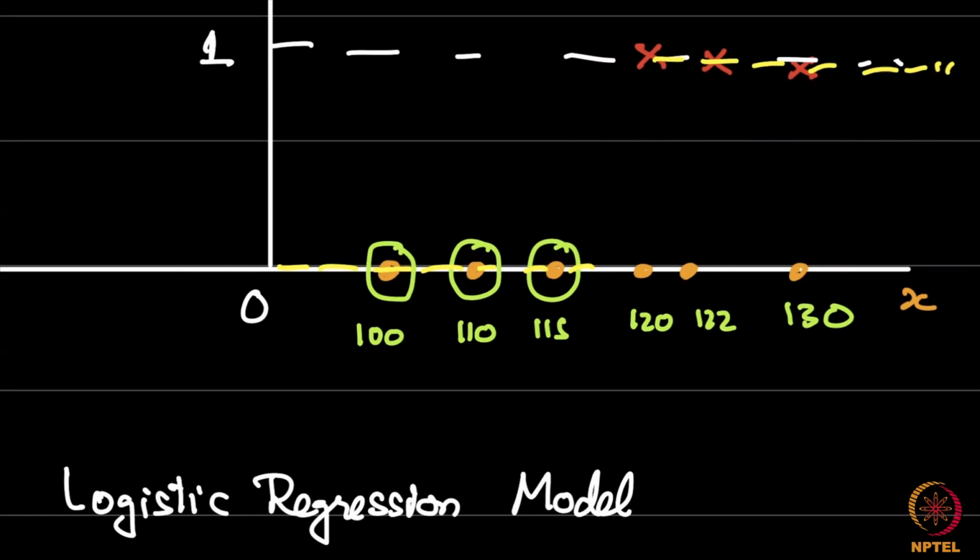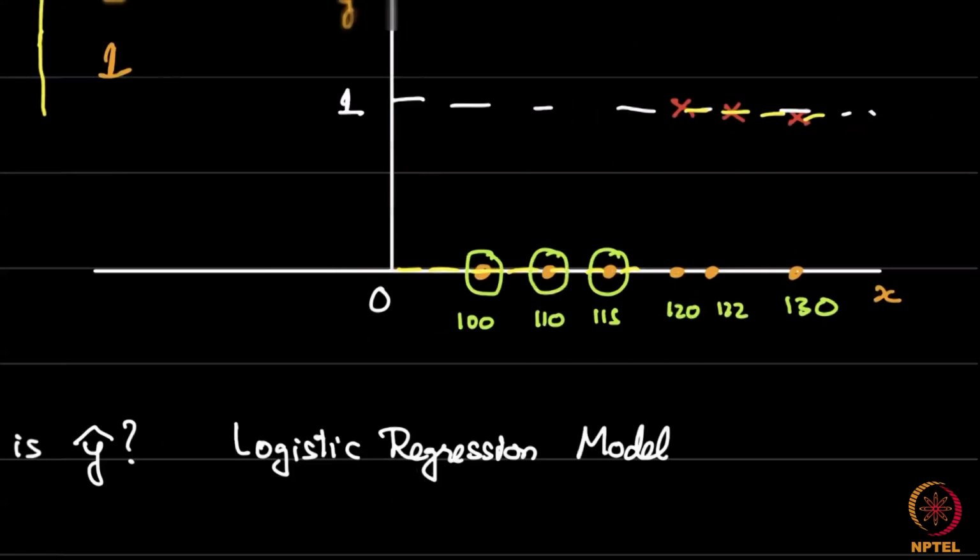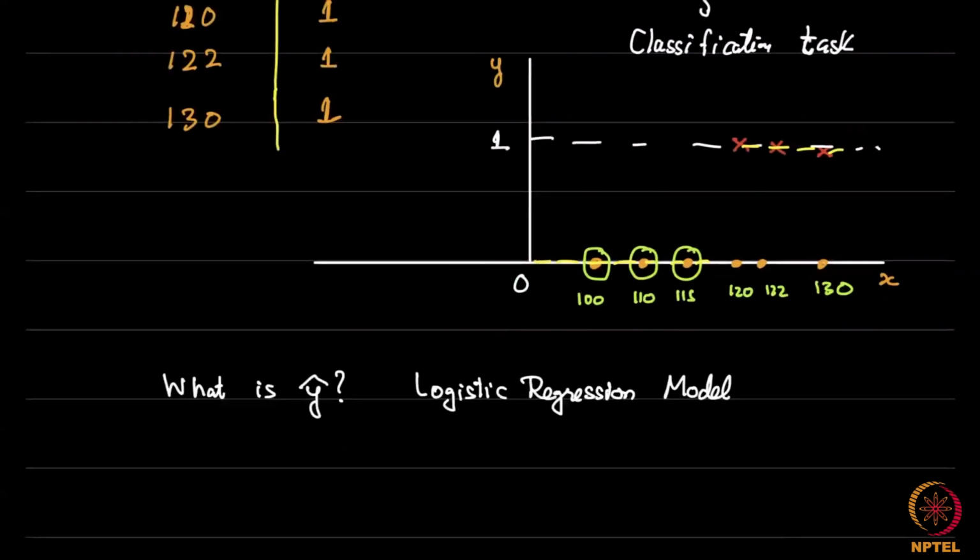Now, you can think of a few other models, but I'll not confuse you with those at this point. But you can think of a natural model. A natural model could be a smooth function that goes from 0 here to 1 here. So this could be Y hat. And this Y hat is a smoothed step function.